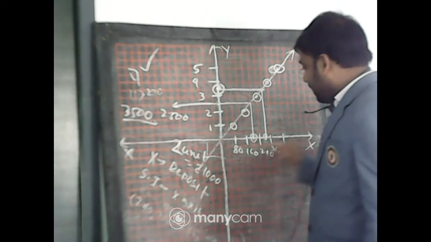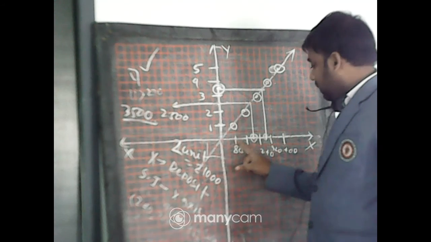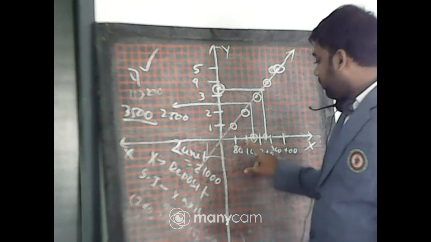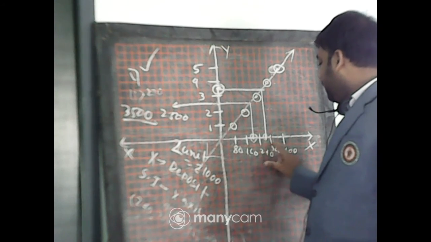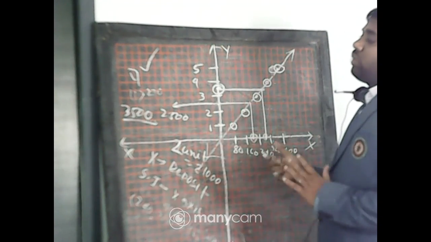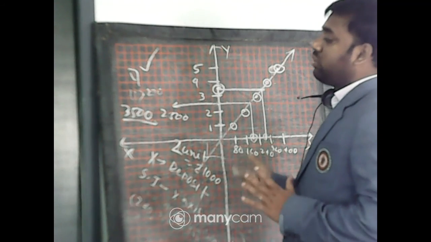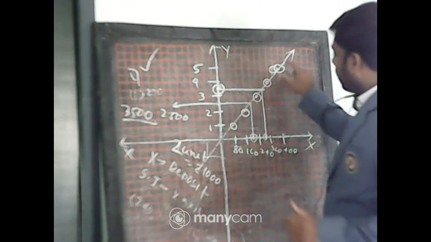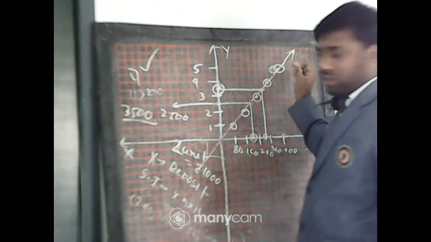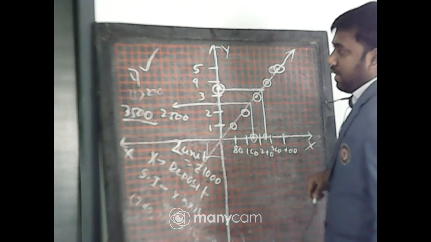And along the x-axis, 1 unit equals 40, so 2 units are 80, then 160, 240, 320. Then by the given data, 1080, 2160, 3240, 4320, 5400, I am plotting them. Then I have joined the line and extended it towards infinity. That's why I have given an arrow.